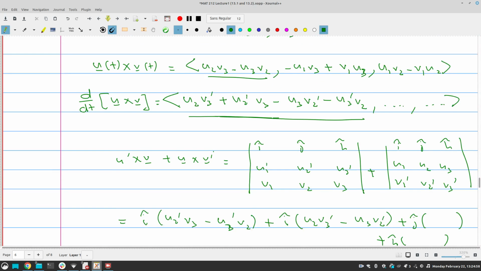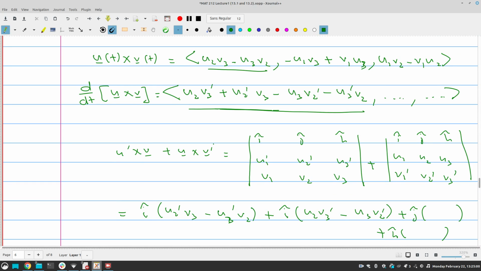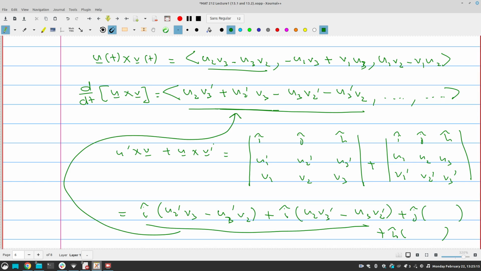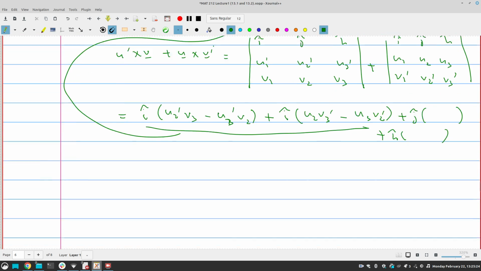So it's pretty easy to see that the i component here is the same as the i component here. I'll leave the j and k components to you as an exercise on your assignment.